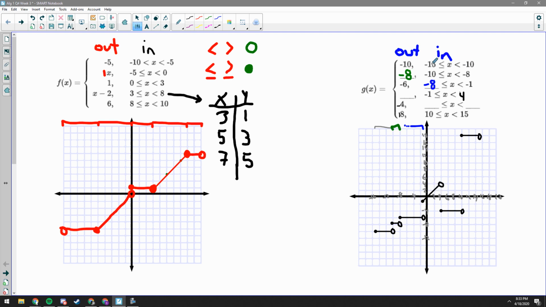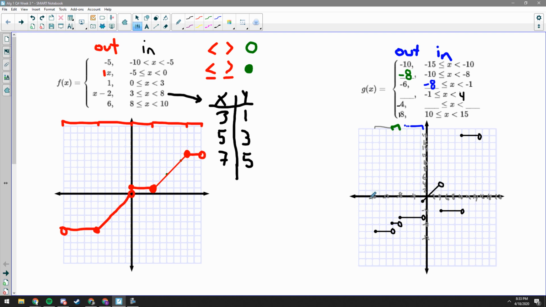This one ended at negative 10. This one started at negative 10. This one ended at negative 8. This one's starting at negative 8. This one's ending at negative 1, starting at negative 1. So most of the time, not always, but most of the time, when one piece of our piecewise function ends, the next starts right from there.